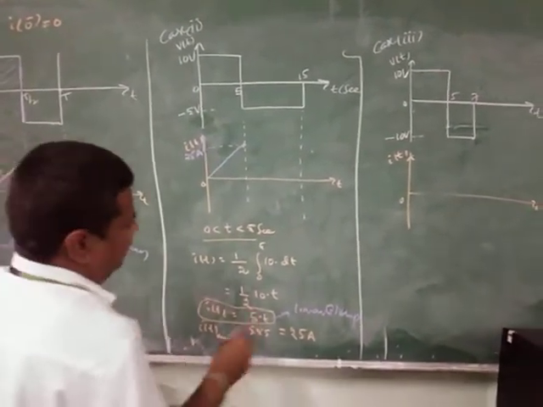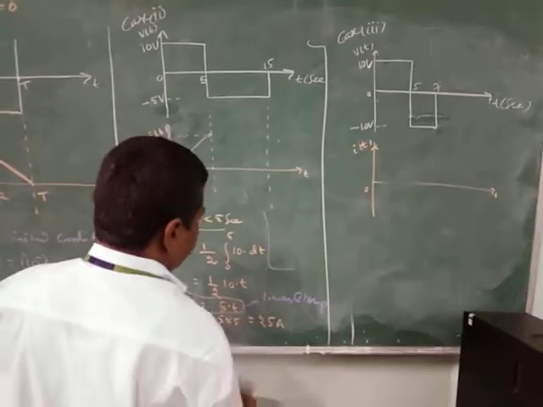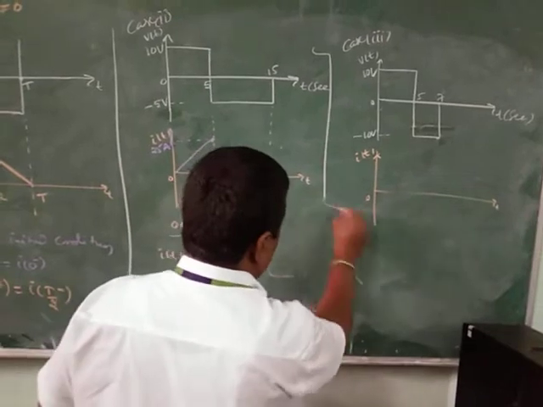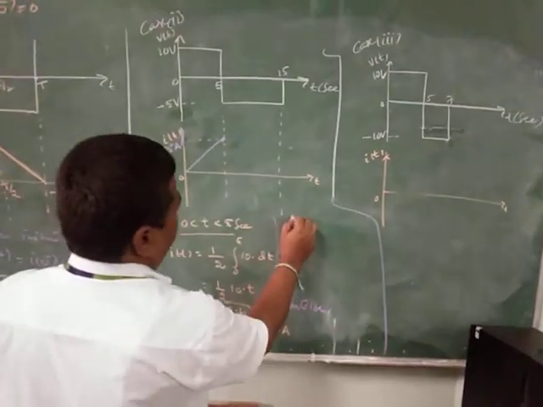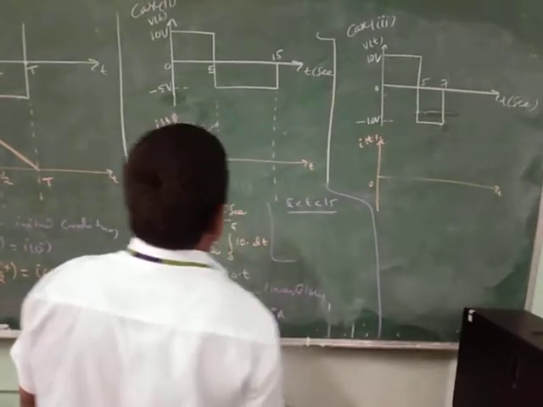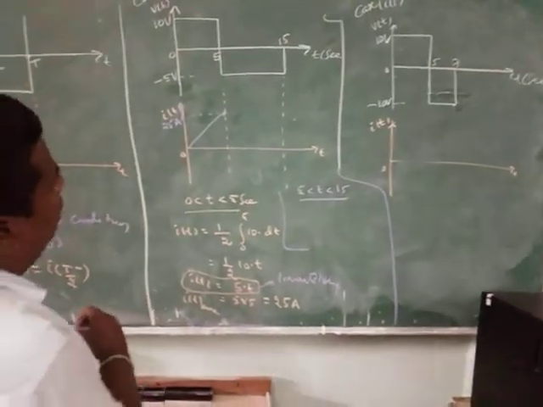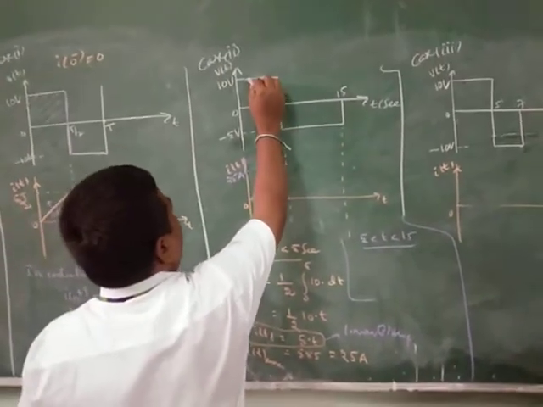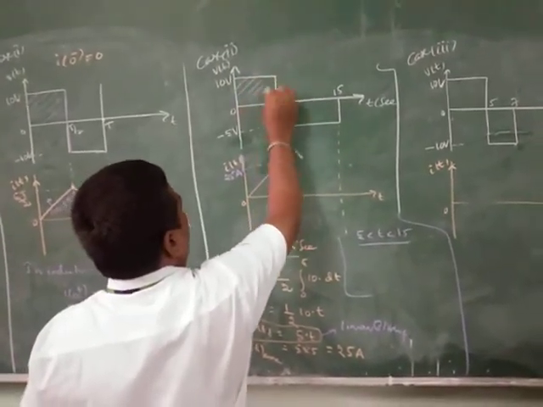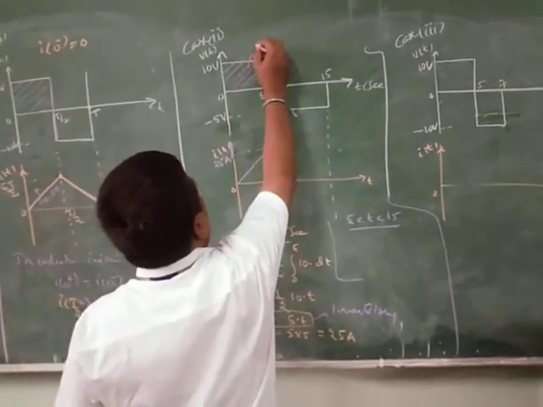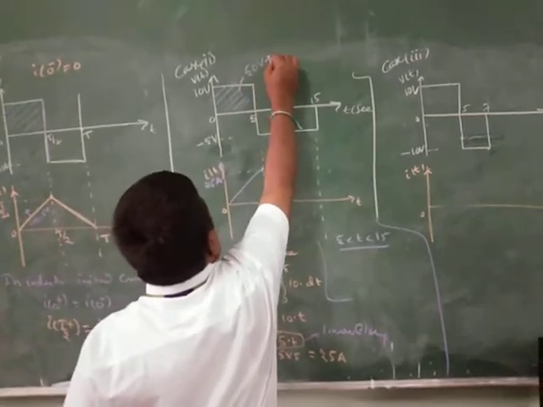Now come to the other interval, 5 less than t less than 15 seconds. Now observe here, in the positive cycle, how much is the area? This area is equal to 10 into 5, that is 50 volt seconds.